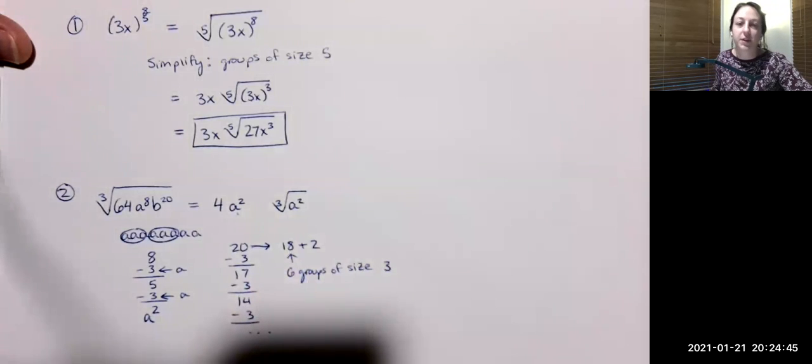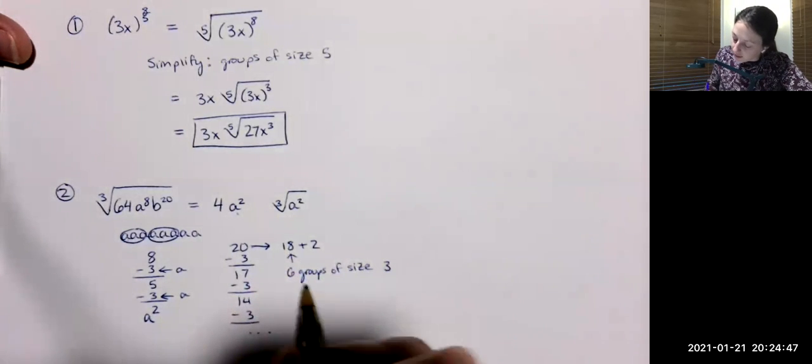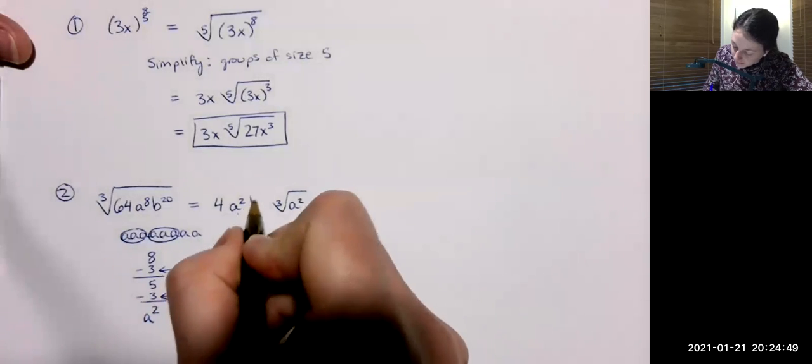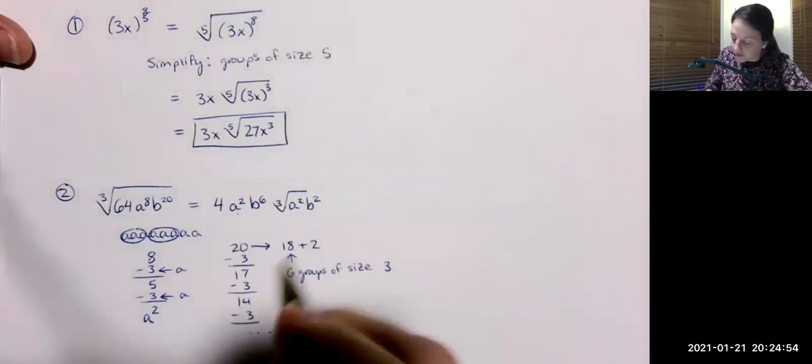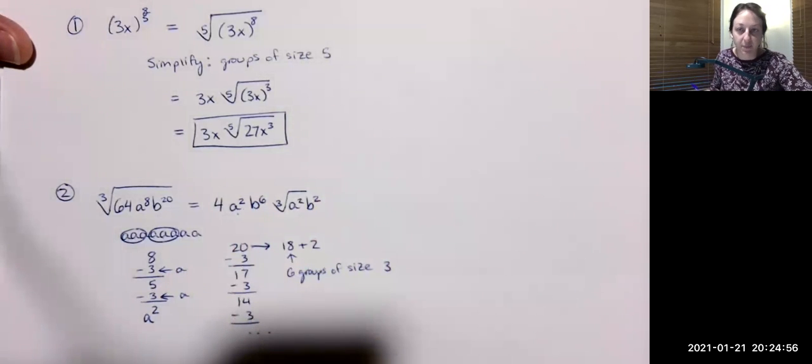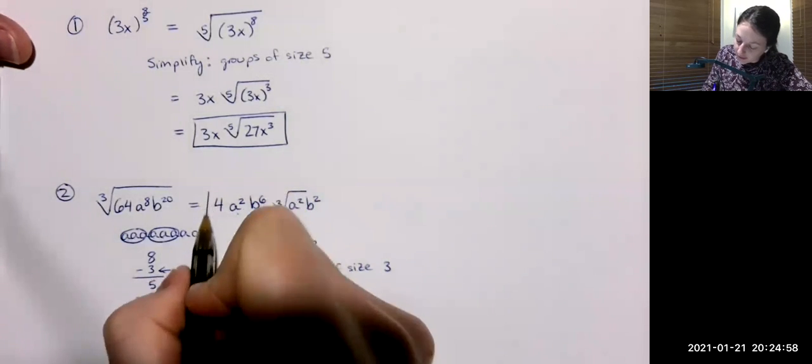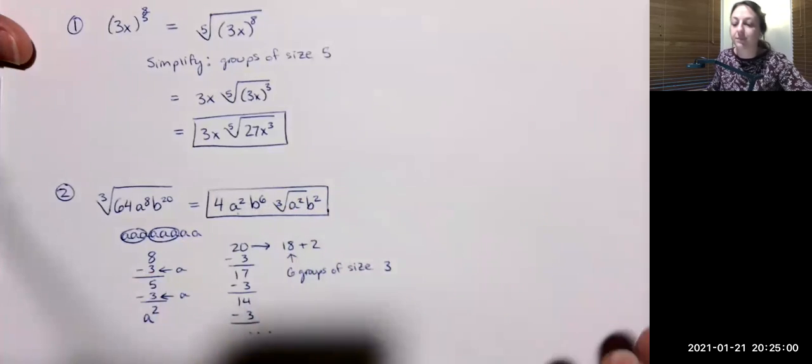So using our multiplication tables, 18 is 6 groups of size 3, so we've got b to the 6th, and then we've got 2 b's left over, which is what you would get if you continued this minus 3 pattern. And we're done with number 2.